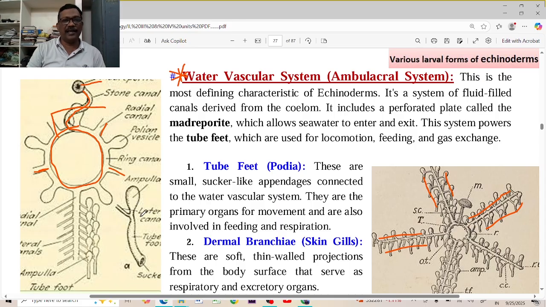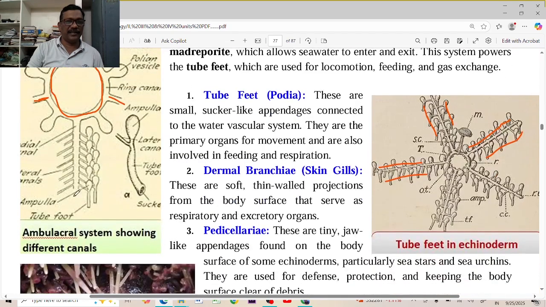Partial canals arise, and through these partial canals the water current flows and the water enters into the feet called the tube feet. Then the tube feet bulge. The respiration is taking place with the help of these tube feet. The bulged tube feet can be used for the locomotion of these starfish, and also for capturing the food material. These are all bulged tube feet you can see here.